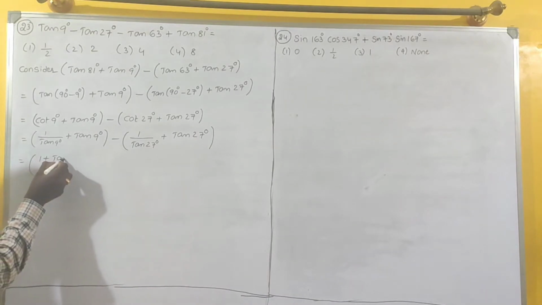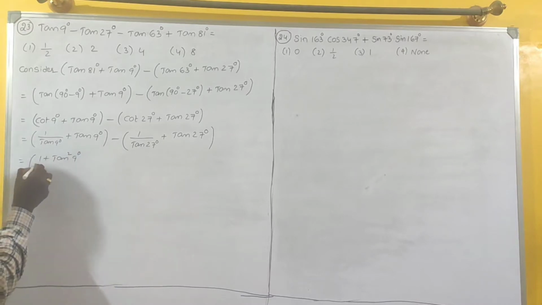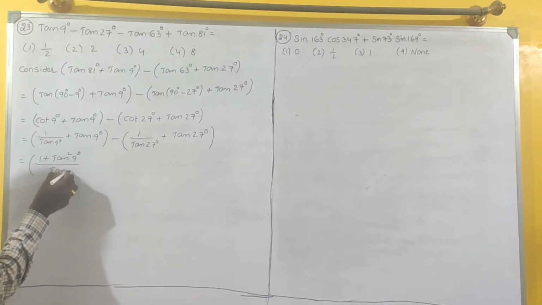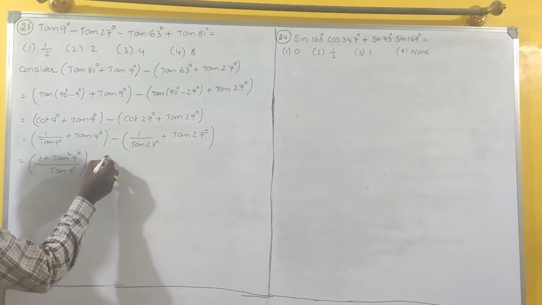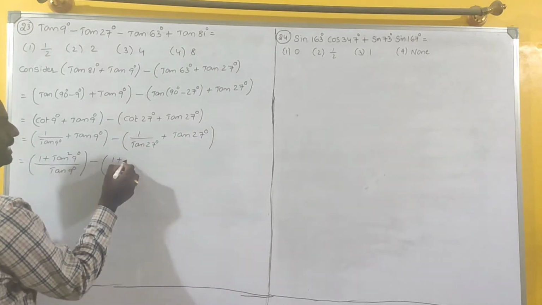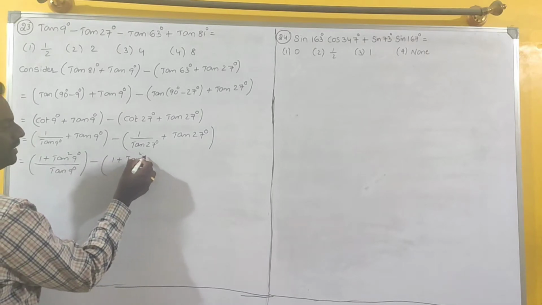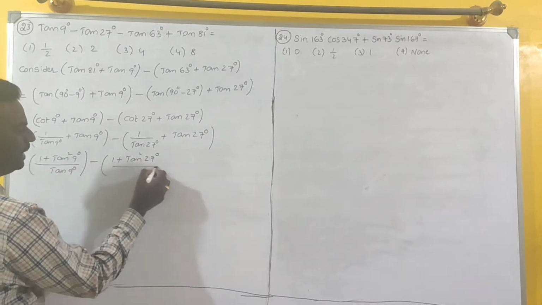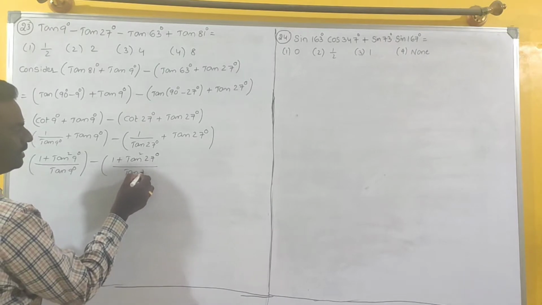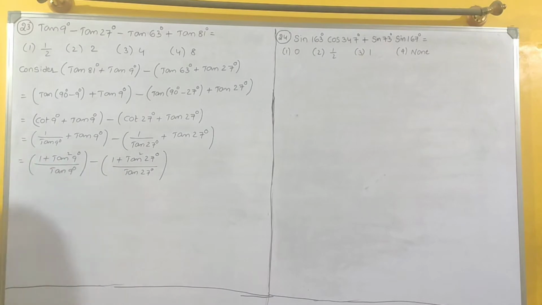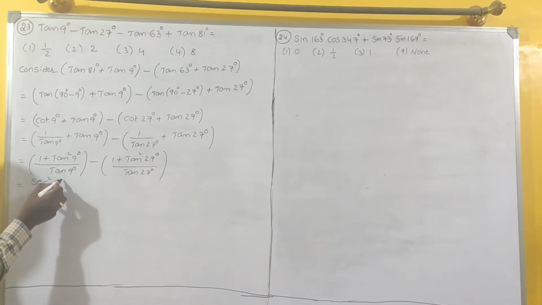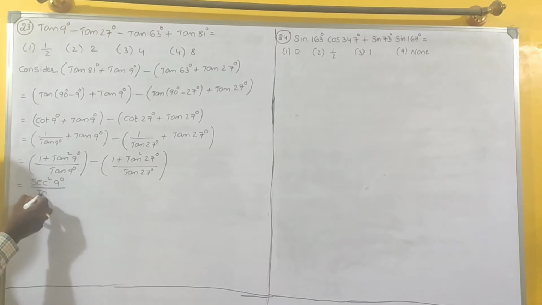1 plus tan square 9 by tan 9, here 1 plus tan square 27 by tan 27. 1 plus tan square theta is nothing but secant square theta, so secant square 9 by tan 9.